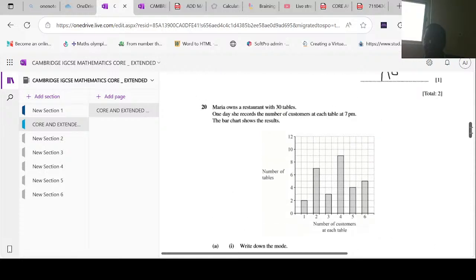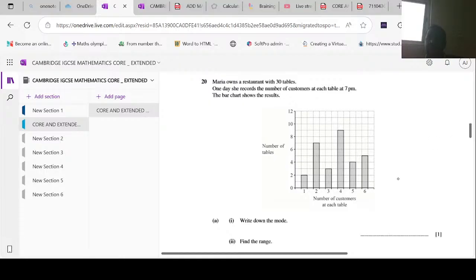We're asked to write down the mode. Now you need to be careful here because the two axes are using the same type of quantity, number. So you can make a mistake there if care is not taken.